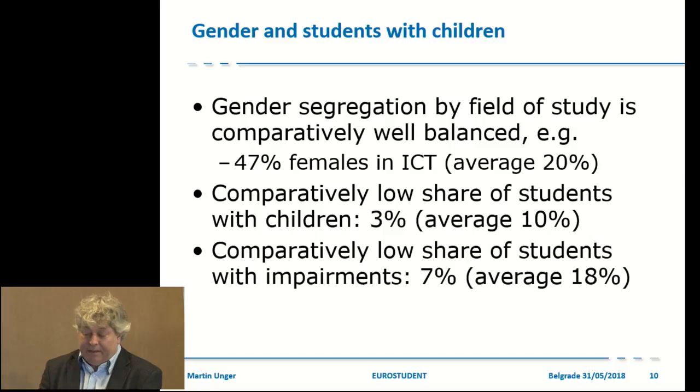But I have to admit these impairment measures seem to have a cultural issue in this survey. In Eastern European countries, people more often report visual or mobility impairments, what you can see, and in the Western countries, people also report more chronic or internal disease, which you cannot see.